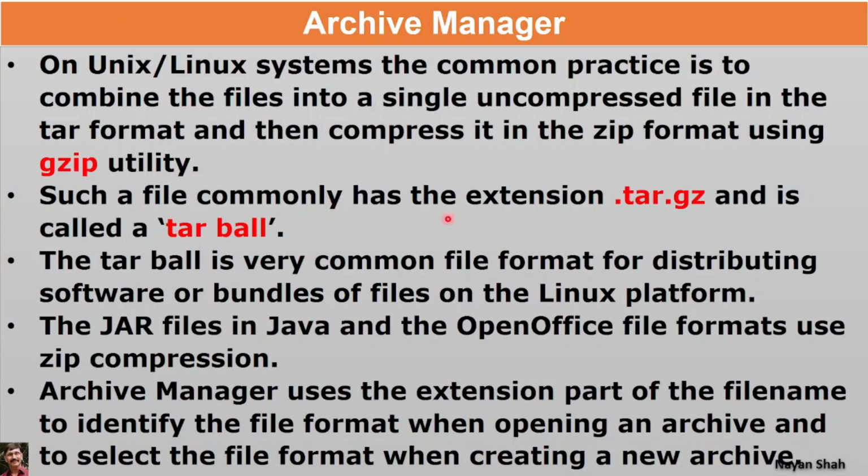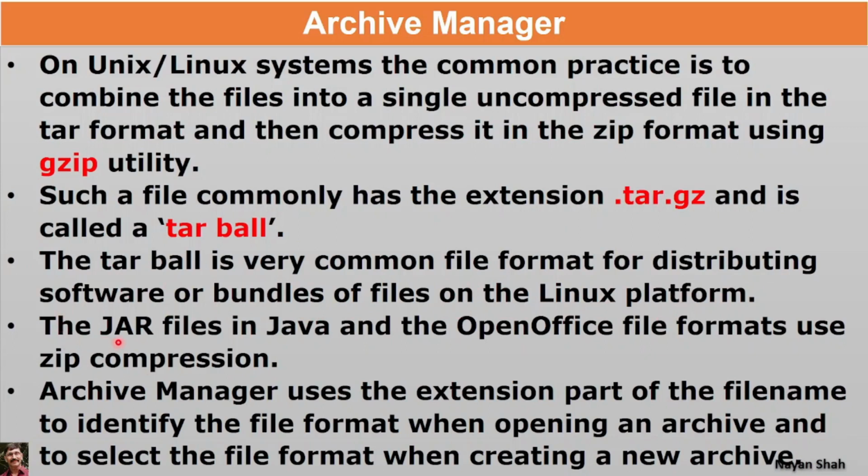Such a file commonly has the extension .tar.gz. So by default, the extension of this Linux compressed file, which you compress using the gzip command, will be .tar.gz. Observe that Linux allows multiple dots in the file extension, and it is commonly known as a tarball. The tarball is a very common file format for distributing software or bundles of files on Linux.